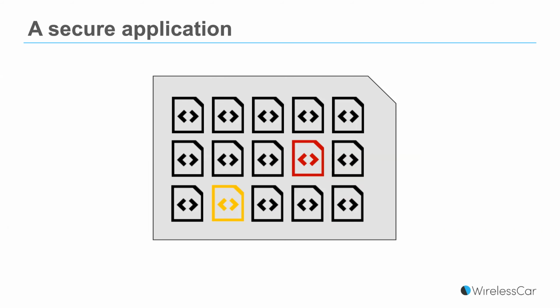To be able to test a secure application, we first need to understand what a secure application is. A really easy definition is to say that a secure application is an application with an absence of security vulnerabilities. Without any vulnerabilities, it is a perfectly secure application.